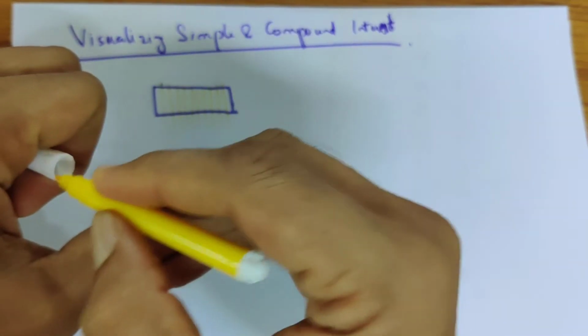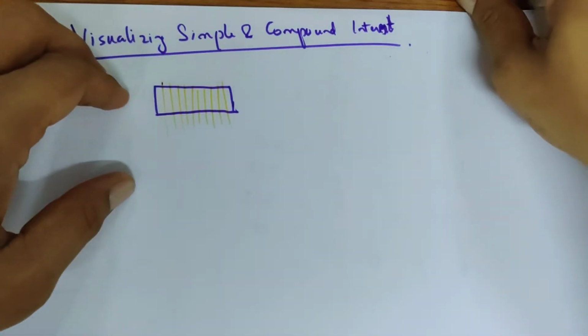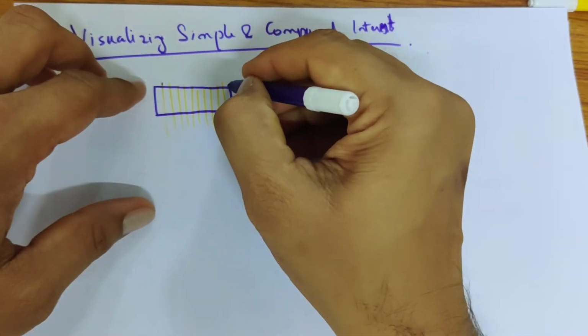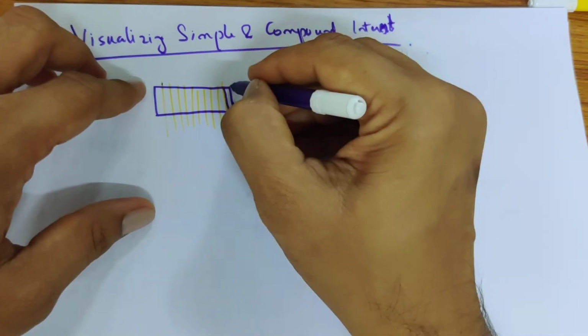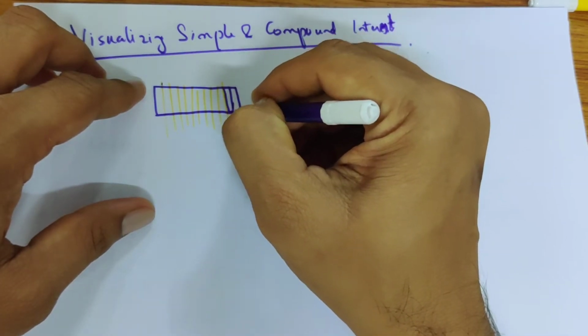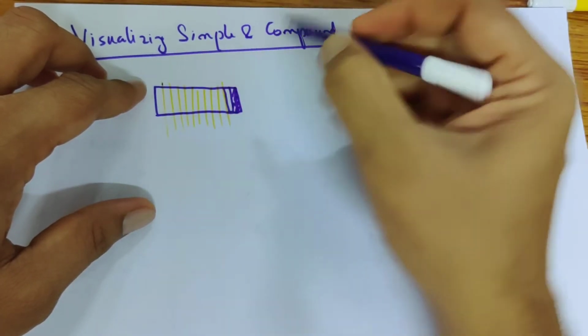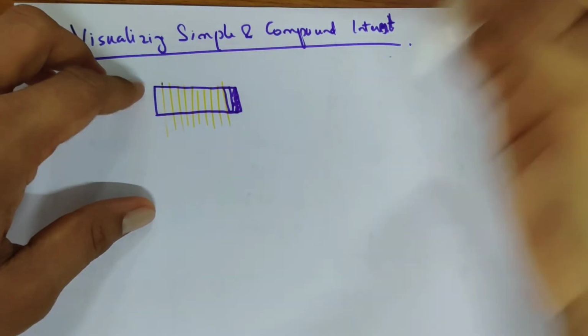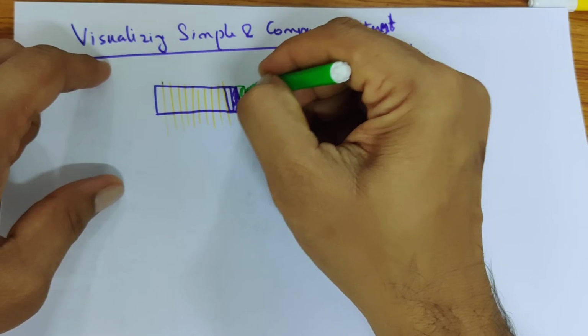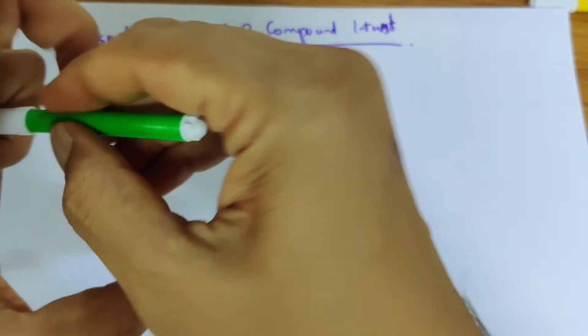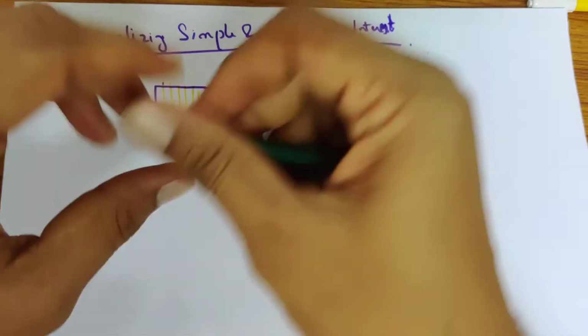Assume that that's 10. And then you're taking one of these parts, and each year you're adding that part. So in the first year you add this. In the second year you add this. In the third year you add this, and so on.